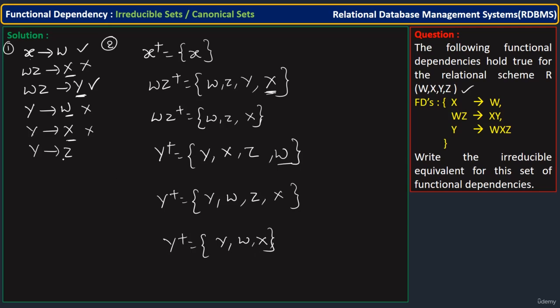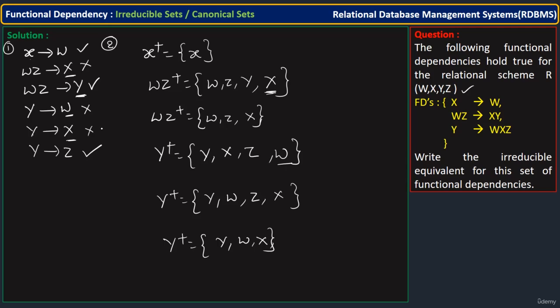But we are unable to generate Z. So this is also essential. So that is the first thing. For all LHS closures, you find out: if you are able to generate the RHS without considering that particular current FD, then you can eliminate it, meaning that FD is not essential. So this is what step two is.